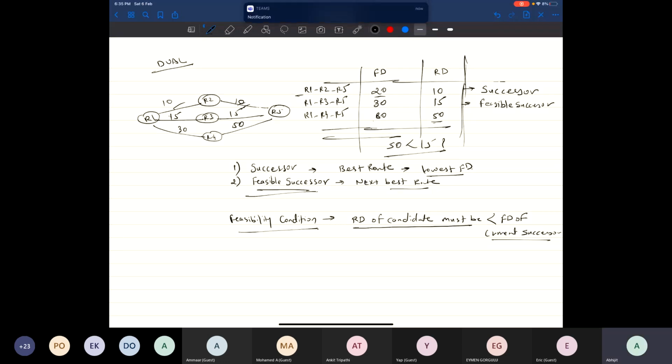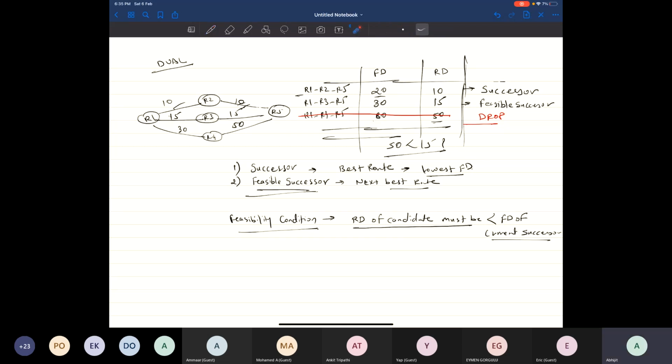No, right? So that's why the router will drop this particular route and will not accept it, or will not insert that route into the topology table for now. And that route will not become anything.